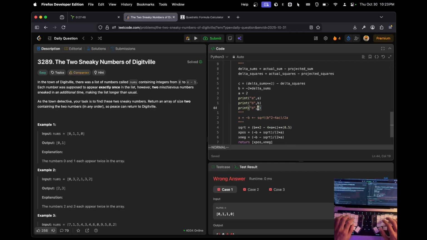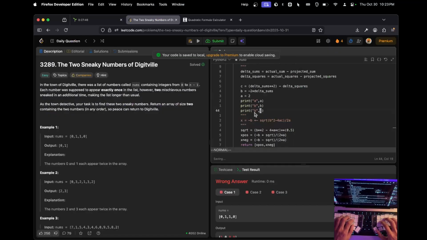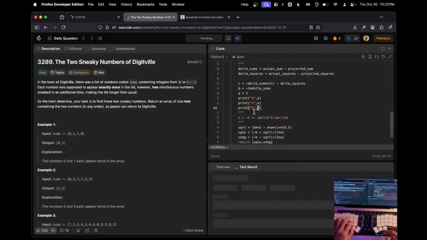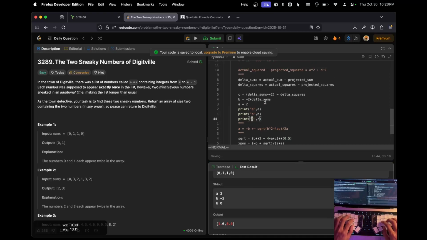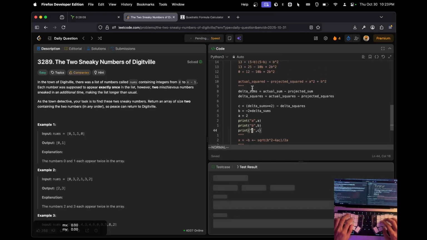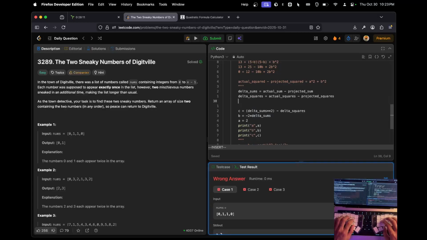Let's see if we at least got the coefficients right. Okay. And make sure that our deltas are correct as well. This would be very annoying to debug in an interview. I feel like I'd be so nervous.